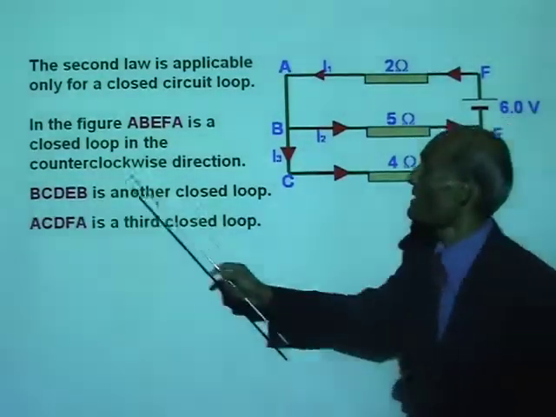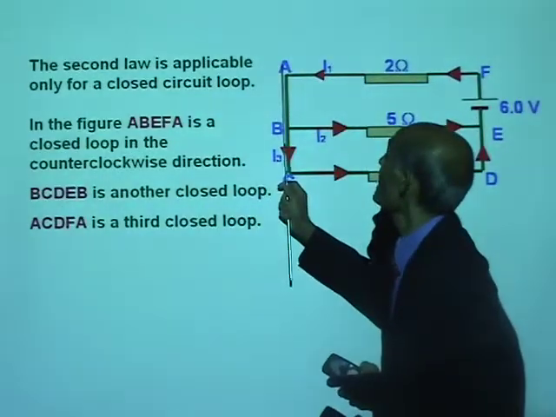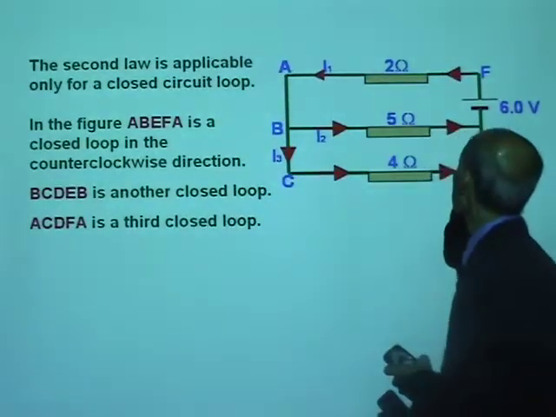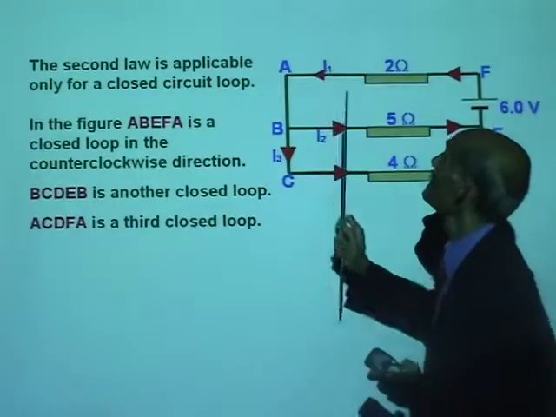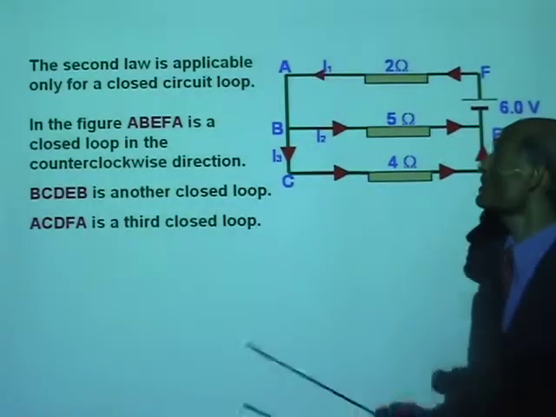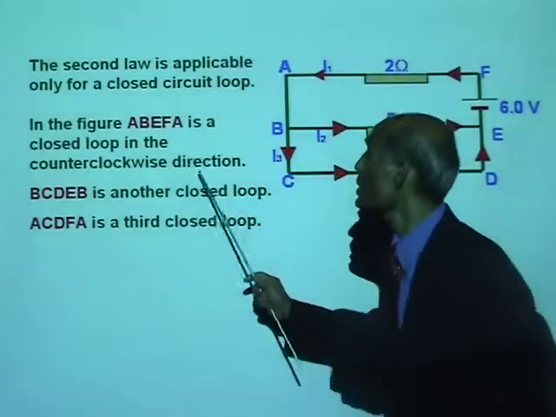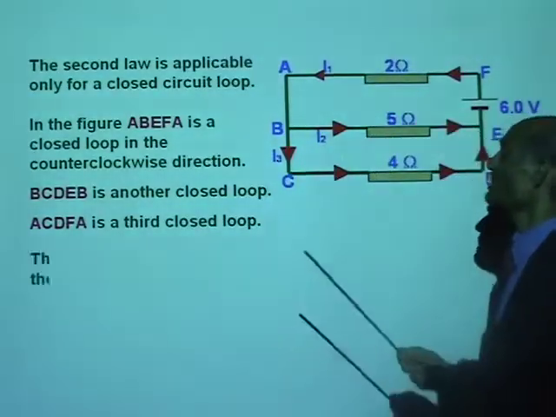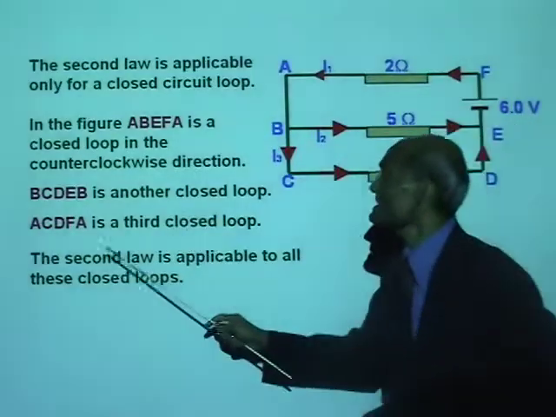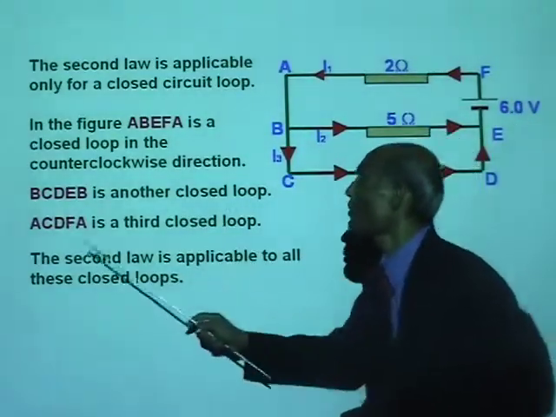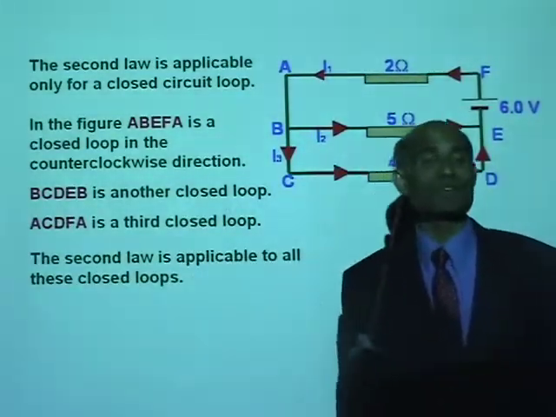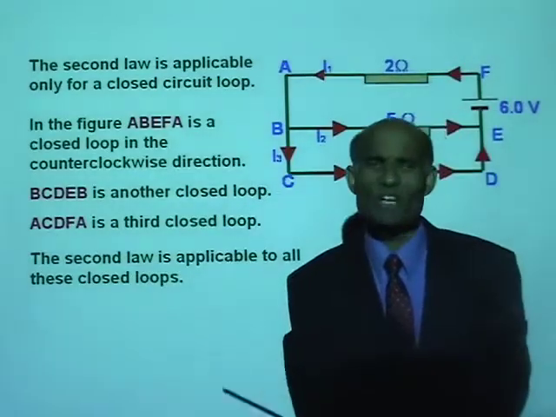Okay. Another closed loop is A, C, D, F, A. So we have identified 3 closed loops in this network of circuits. So the second law is applicable to all these closed loops. What does the second law say?